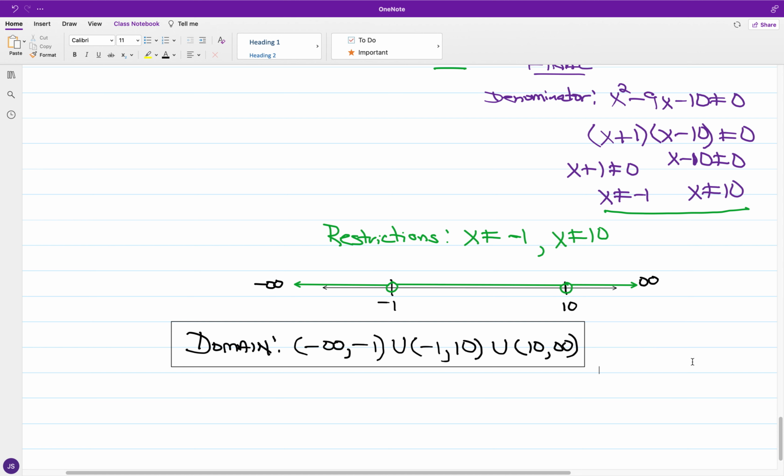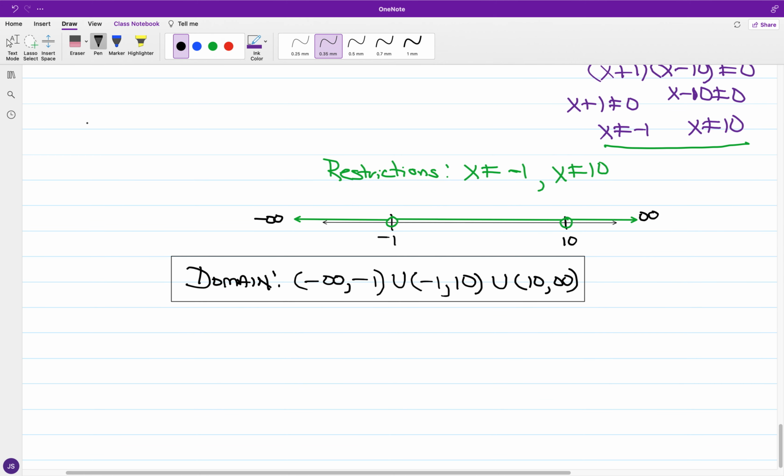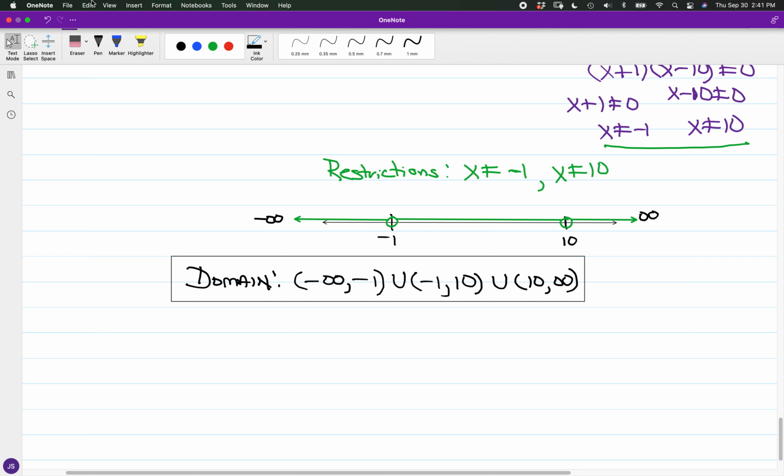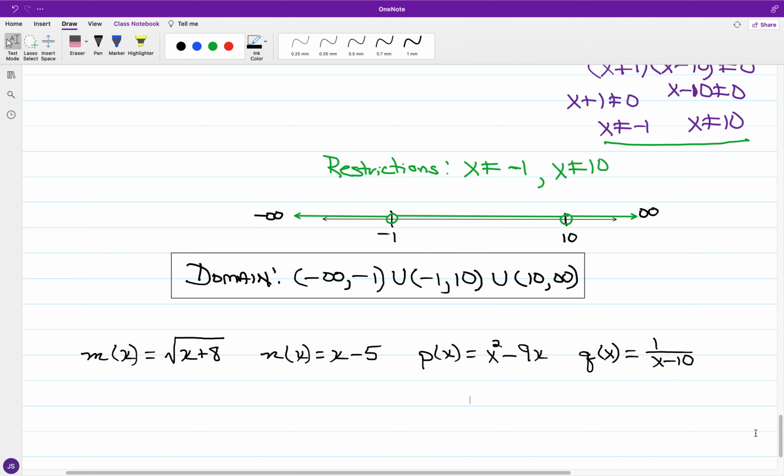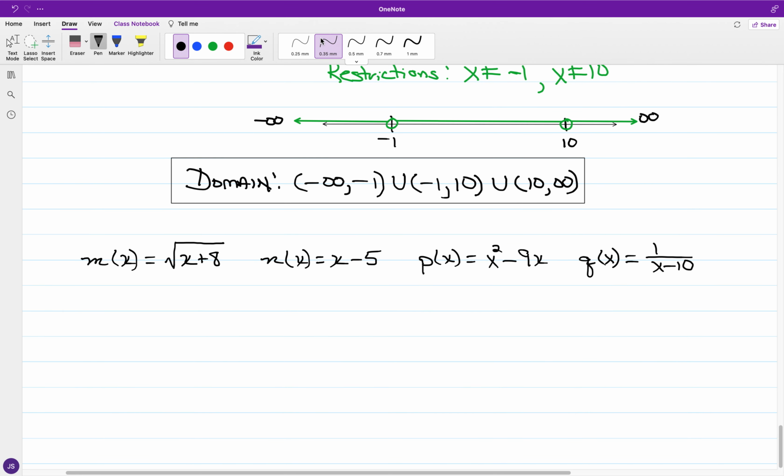Now, one more item from this set, and this is where you can have a composition between a function and itself, and 76 is such a case. In the case of 76, we're going to have P composed with itself, P composed with P of x.